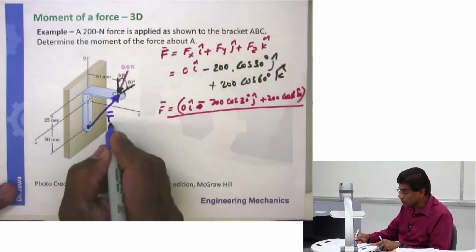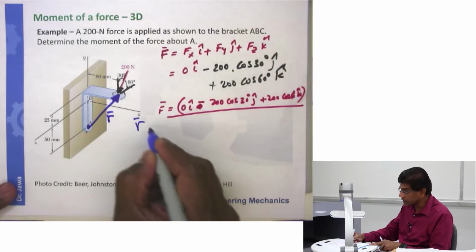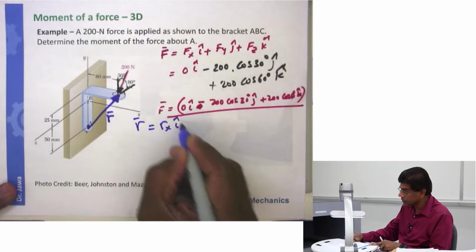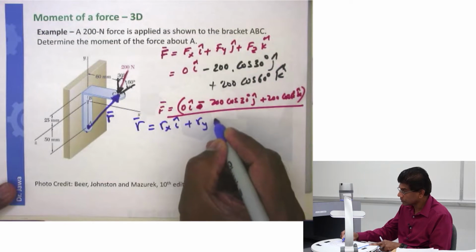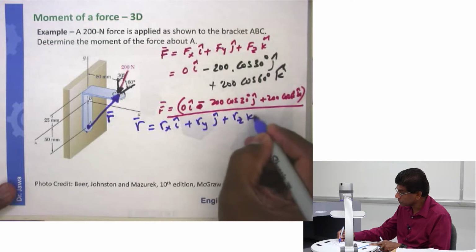Now I need to write this vector in Cartesian vector form, meaning I want the x, y, z components. In other words, exactly like what I did with the force.